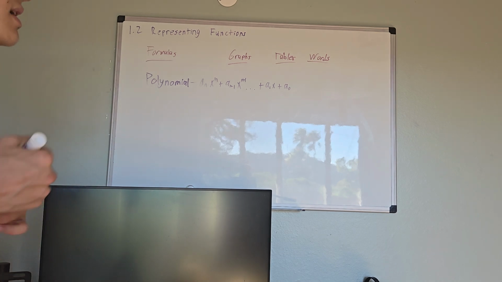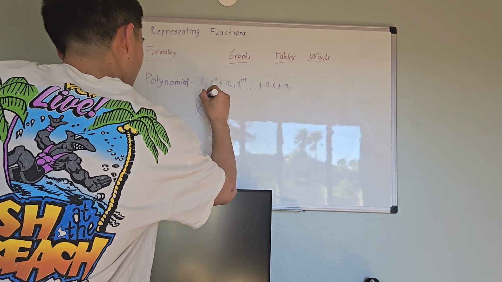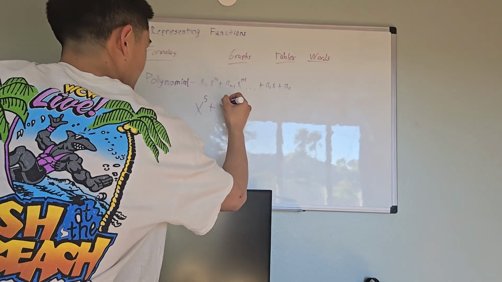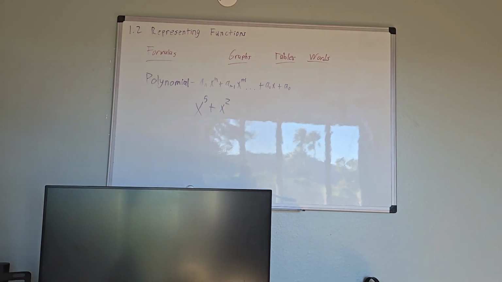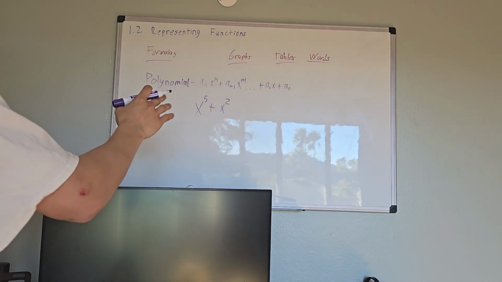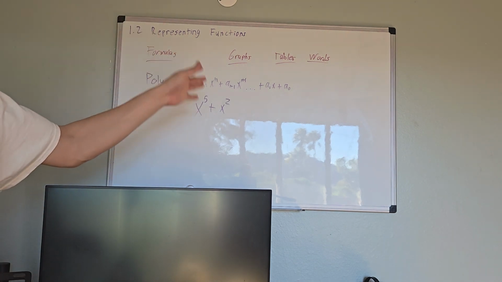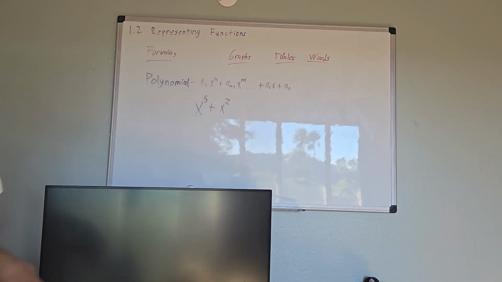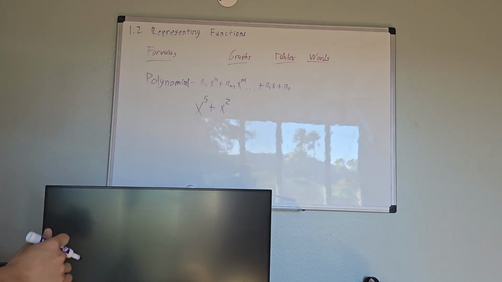Now that doesn't mean you can't have x to the 5 plus, say, x to the 2, okay? This is also a polynomial, okay? Just because there isn't an x to the 4 and x to the 3, you don't say, oh no, this isn't a polynomial. No, it's just anything that can take this form, okay?